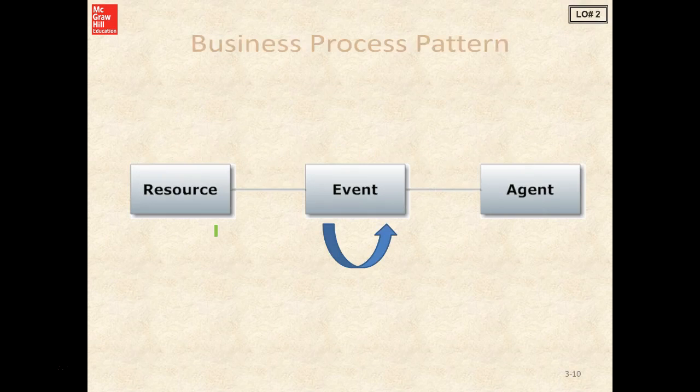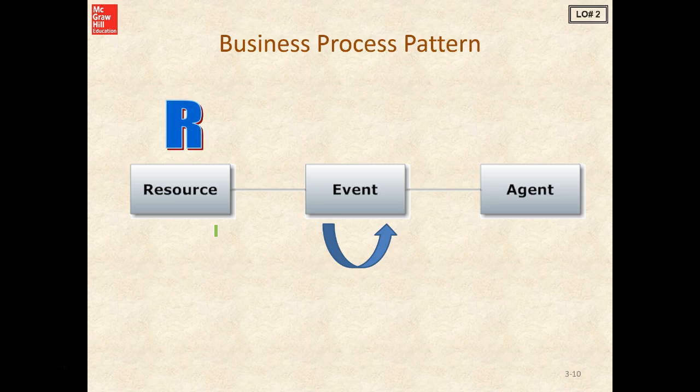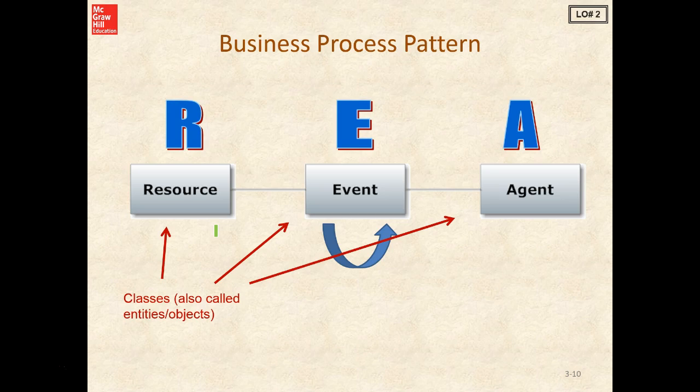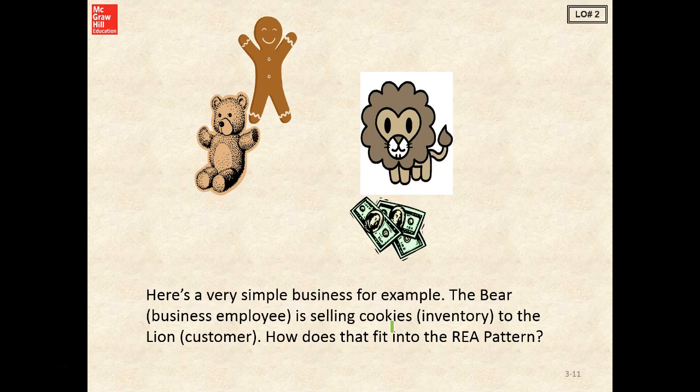Putting the pattern together. So we've got the business process pattern, which generally looks like this. We have the resource, the event, and then the agent. And of course we've got the classes here, and then the associations being the linkage between them. And then if we look at an example, here's a very simple business.